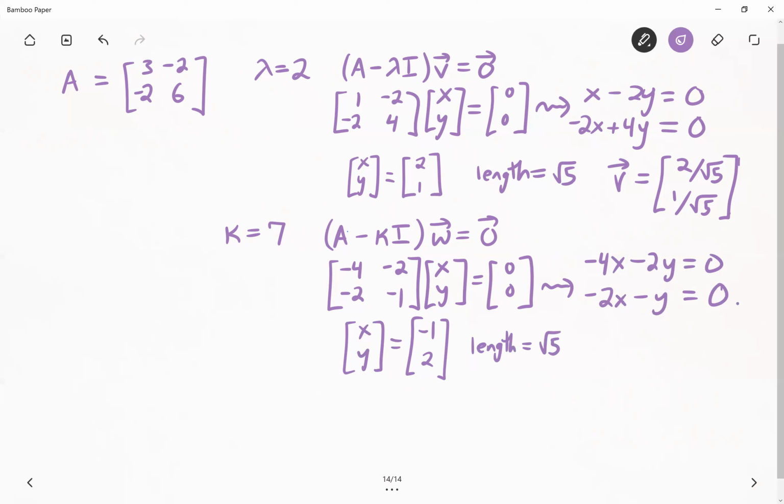This is radical 5, so I'm going to divide that vector by its length to get my second eigenvector: -1 over radical 5 and 2 over radical 5. We might have been able to guess that because we can see V and W, these two vectors, are perpendicular because their dot product is equal to 0. So that's great.